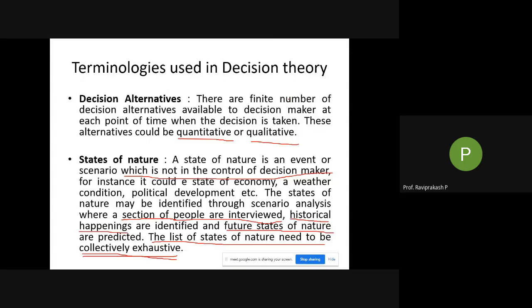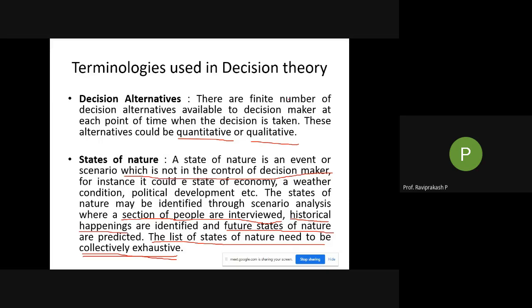Full stop. These alternatives could be quantitative or qualitative.